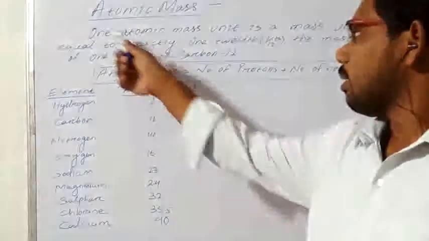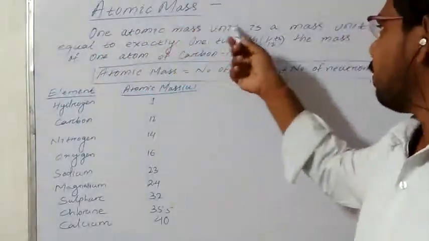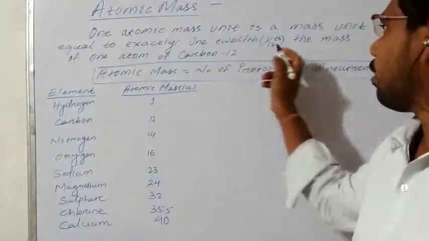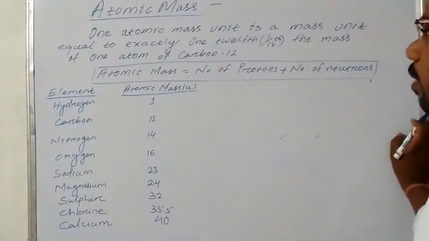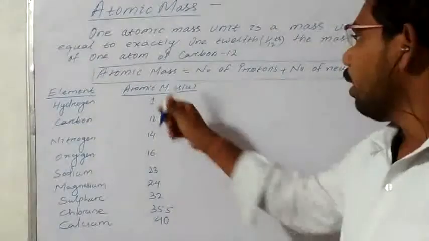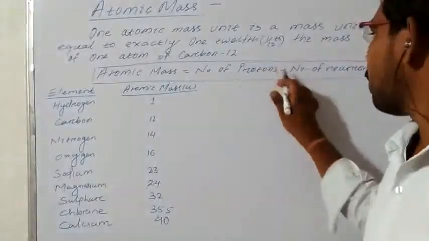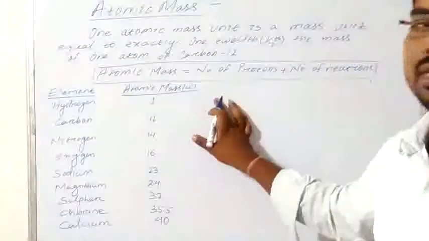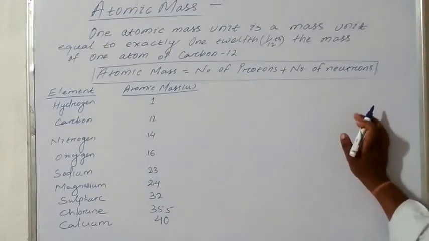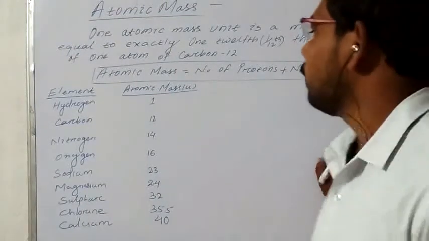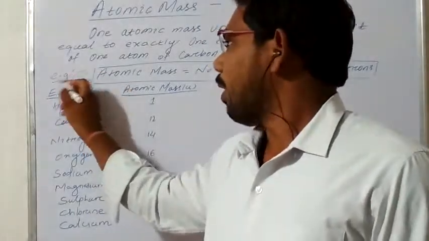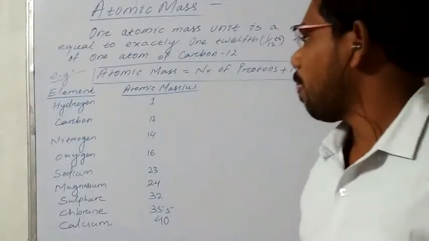So the definition is: one atomic mass unit is a mass unit equal to exactly 1/12 the mass of one atom of carbon-12. And the atomic mass is equal to the number of protons plus the number of neutrons. This is also a short formula we use to calculate the mass of an atom. Here are some examples of elements and their atomic mass.